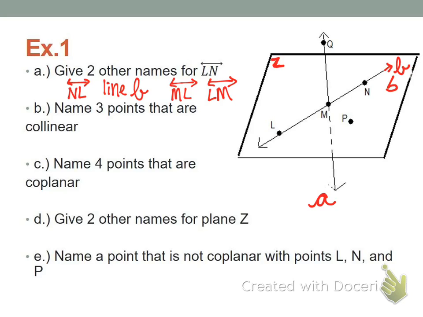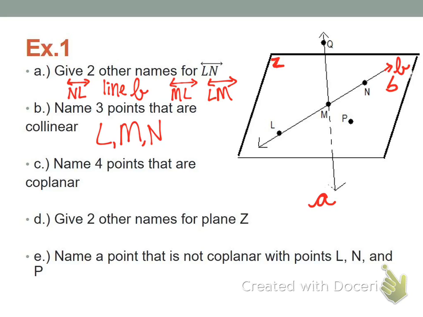All right, what about 1B? Ariana? Ariana, sorry. Q, M, and, well, A is not a point. So you're very close. L, M, and N. Good. So we want points. L, M, and N. If you are listing points, you really should be separating them by commas.